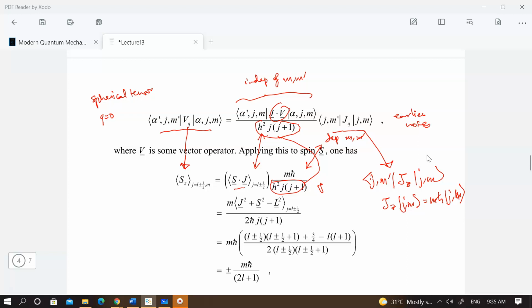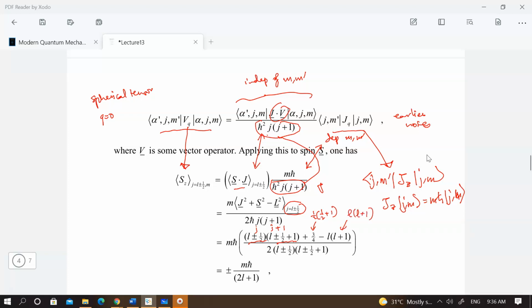So you get J squared plus S squared minus L squared evaluated at this eigenket. You know how to do this. Your J squared will give you J times J plus 1, your S squared is simply half times half plus 1, and your L squared is simply L times L plus 1.